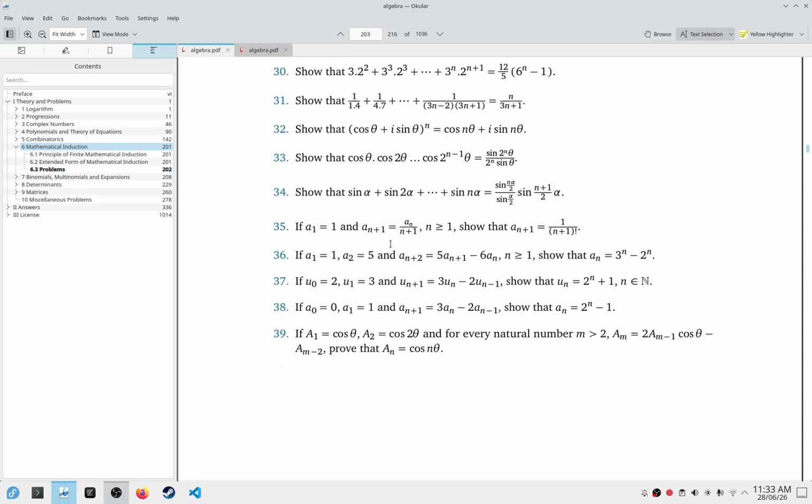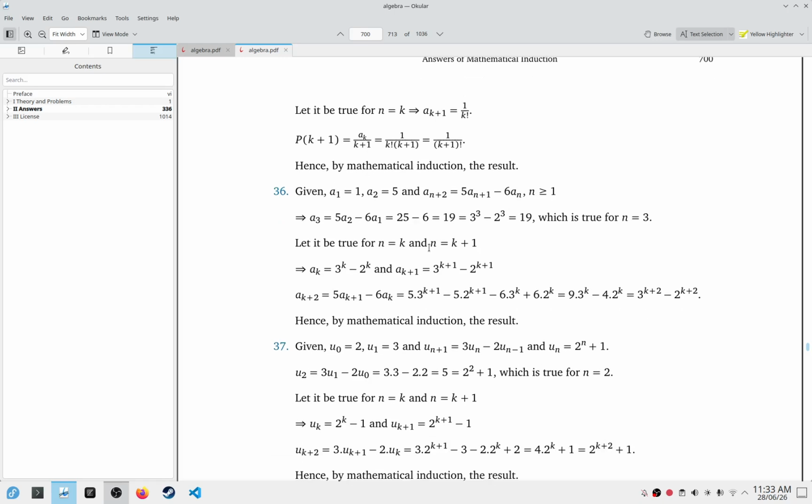Question 36 says that if a1 is equal to 1, a2 is equal to 5, a(n+2) is equal to 5a(n+1) minus 6a(n), where n is greater than or equal to 1, then show that a(n) is equal to 3 raised to the power n minus 2 raised to the power n. So we have a1 is equal to 1 and a2 is equal to 5.